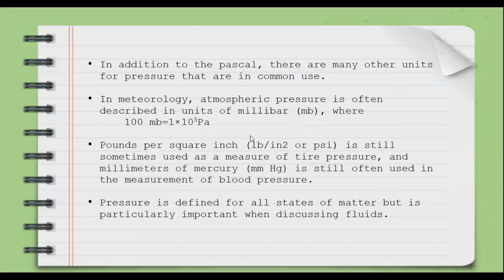In addition to the Pascal, there are many other units for pressure that are in common use. We have atmospheric pressure in meteorology, which is described in units of millibar, wherein 1000 millibar is equal to 1 times 10 raised to the 5th Pascal. We also have PSI, or pounds per square inch, used as a measure of tire pressure.